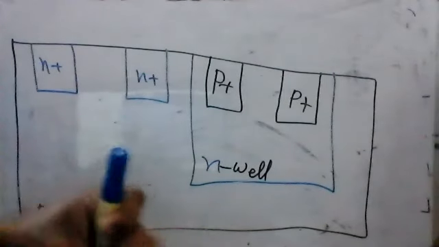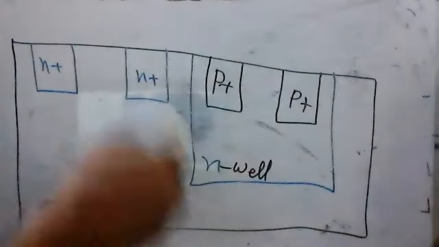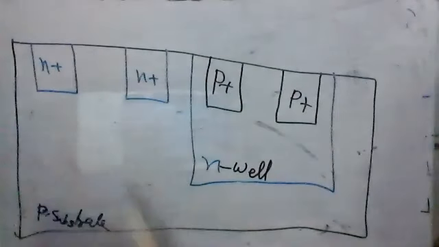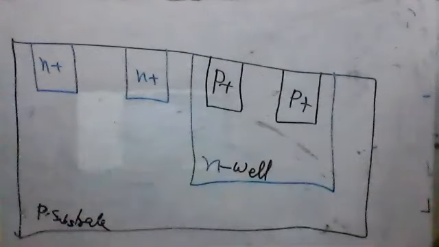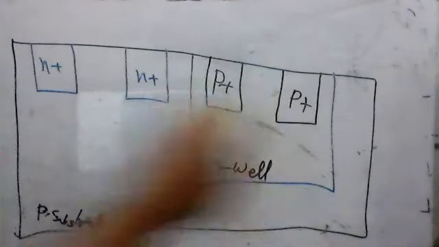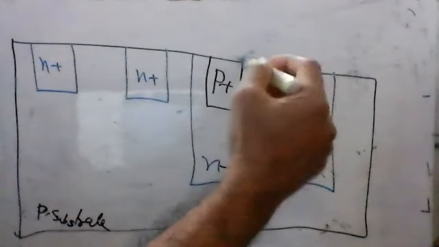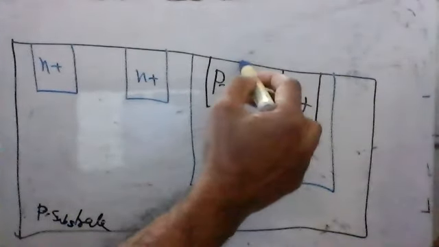Now this one turns into a PMOS, and this one will be NMOS, right? And we have to make it as one piece. So the whole thing will be CMOS. On top of that, this will be the source and drain for the PMOS, and the source and drain for the NMOS. Now we need to make the gate areas.